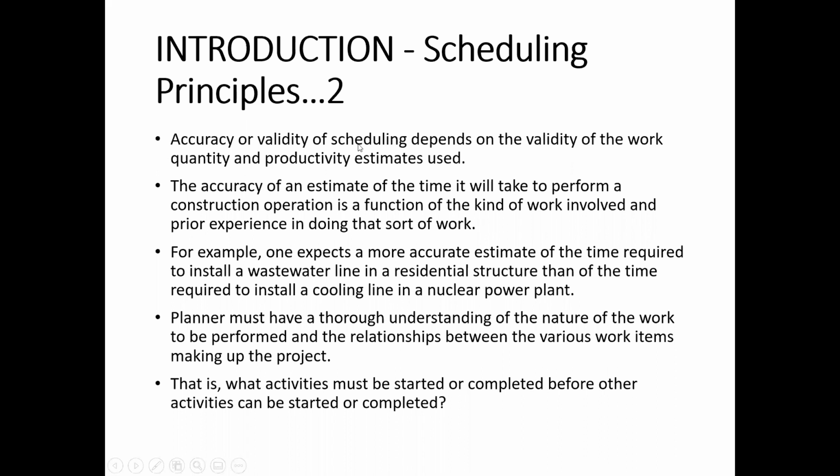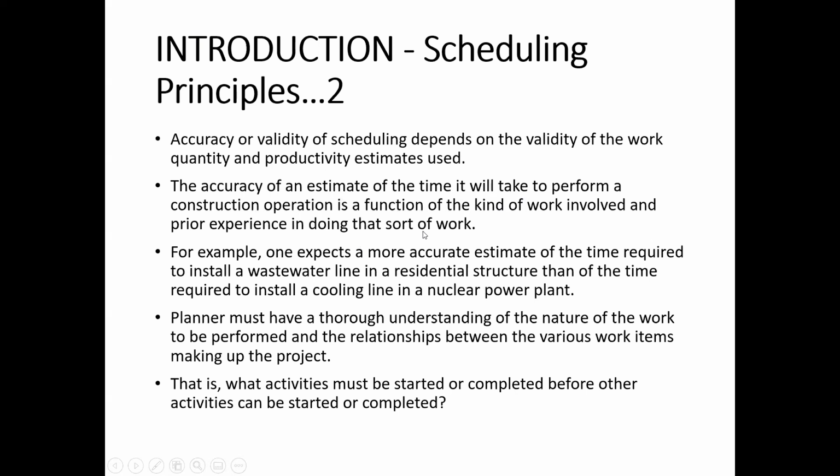The estimates are never perfectly accurate, but the higher the accuracy we can bring into the project, the more helpful it is. The accuracy of an estimate of the time it will take to perform a construction operation is a function of the kind of work involved and prior experience in doing that sort of work.